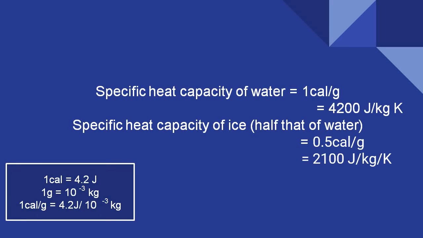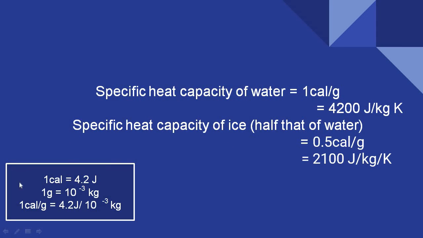And we are just mentioning a value, because for doing problems, we normally need this quantity. Actually, the specific heat capacity of water you are considering as 1 calorie per gram. This is a CGS value, and in SI, it will be equal to 4200 joule per kilogram Kelvin.